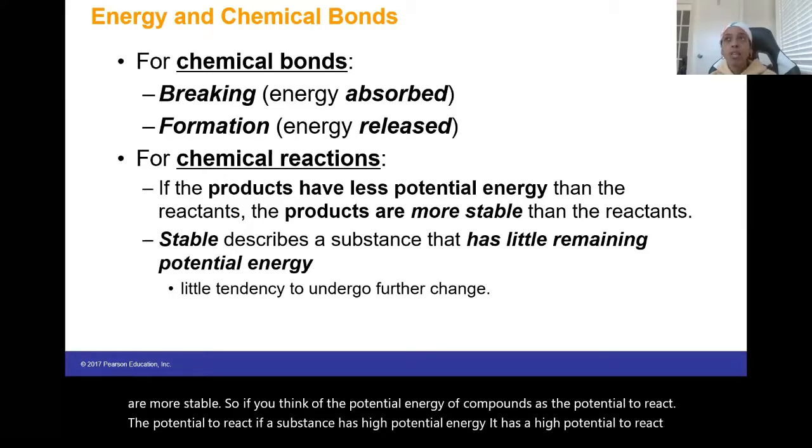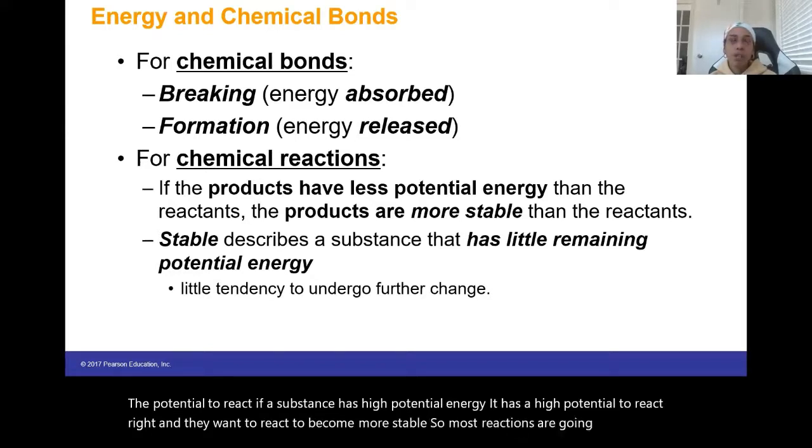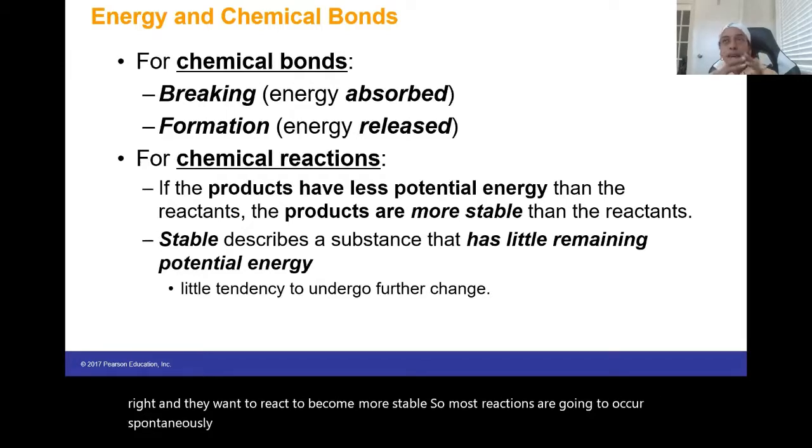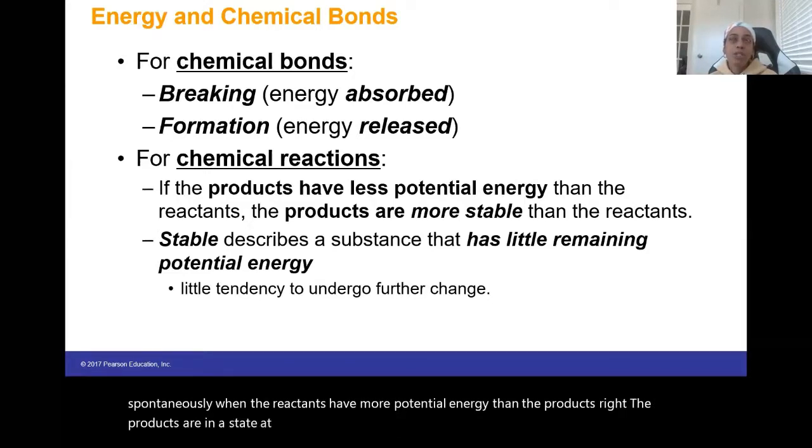And they want to react to become more stable. So most reactions are going to occur spontaneously when the reactants have more potential energy than the products, right? The products are in a state at which their bonds are so stable that they don't want to react. There's no need to react.